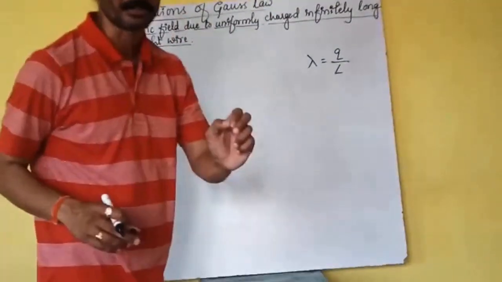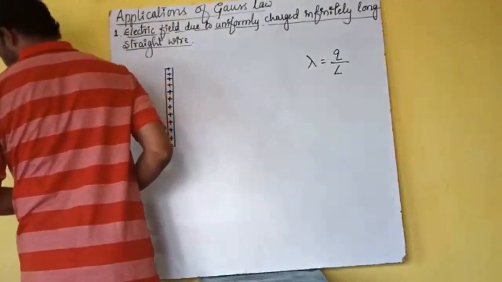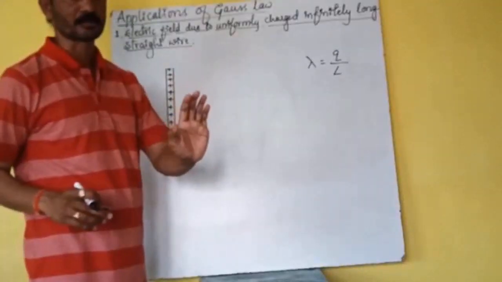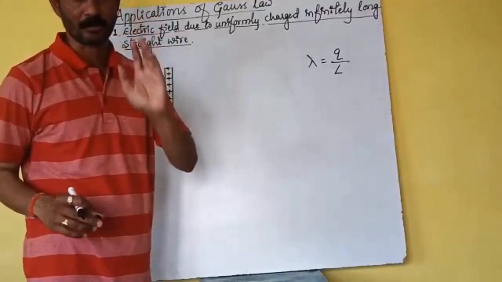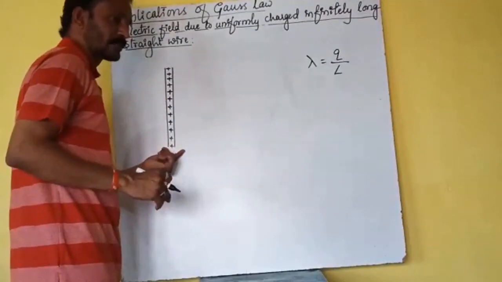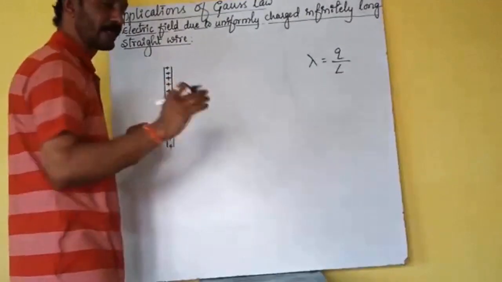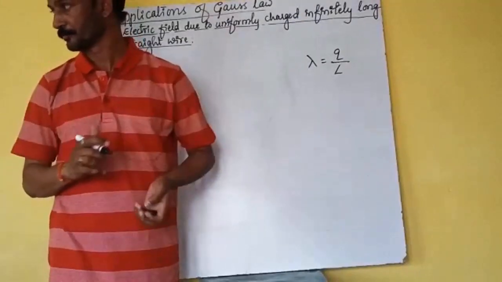Let lambda be the linear charge density on the wire, the charge per unit length. So this linear charge produces a cylindrically symmetric electric field around it.